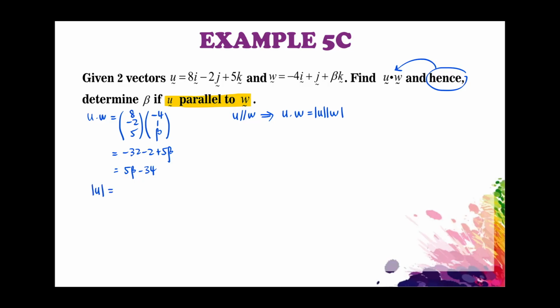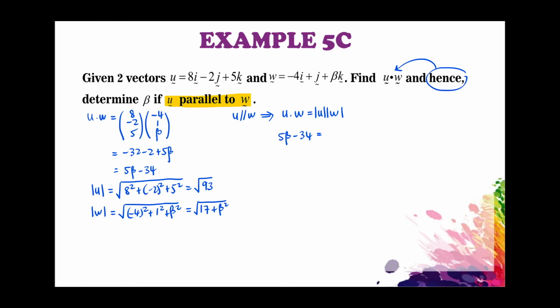So magnitude of U, where we have 8 squared, negative 2 squared plus 5 squared inside the square root. So we're going to have the square root of 93. And then magnitude W, where we have negative 4 squared plus 1 squared plus beta squared. So we leave it in terms of beta squared, which is the square root of 17 plus beta squared. Now we can substitute these three values into this formula. So we're going to have 5 beta minus 34 on the left hand side.